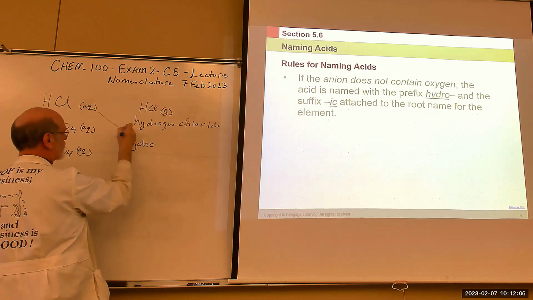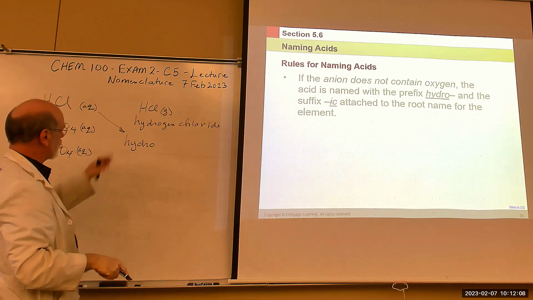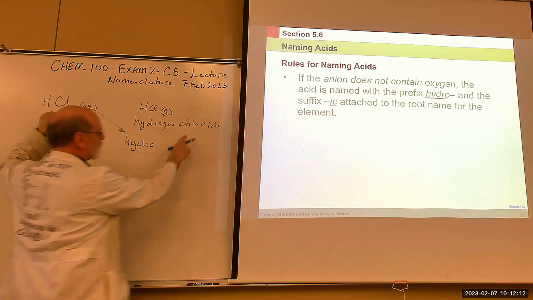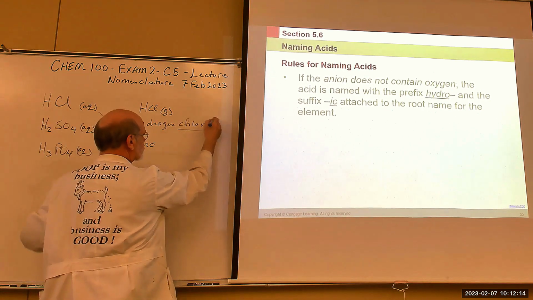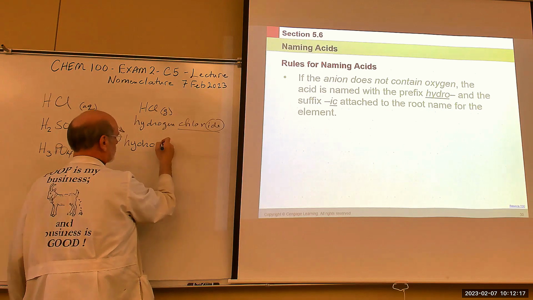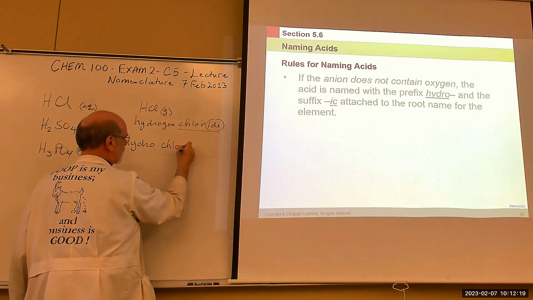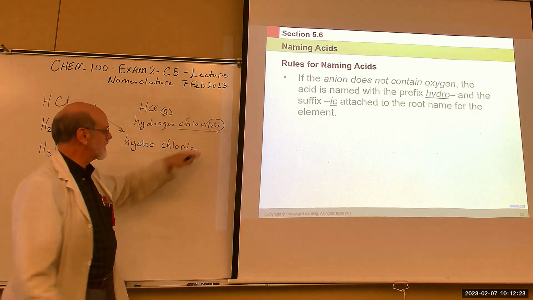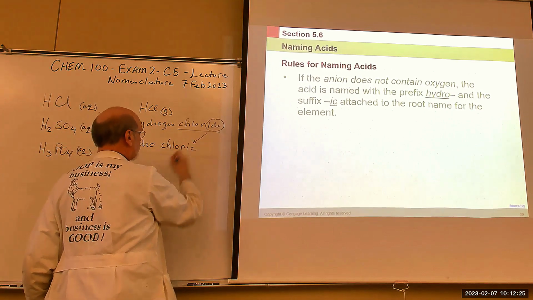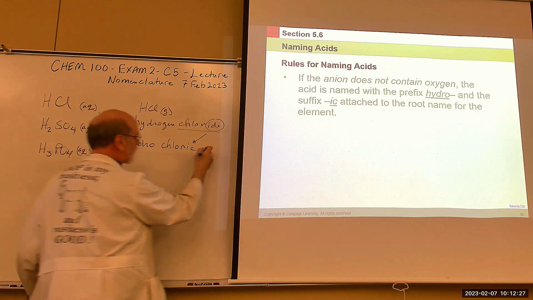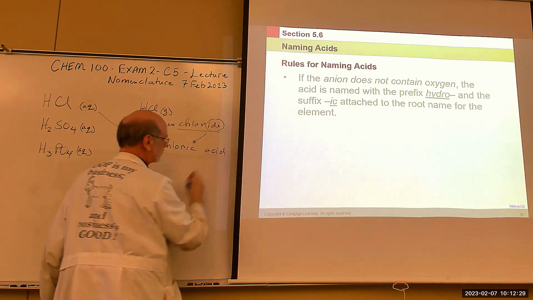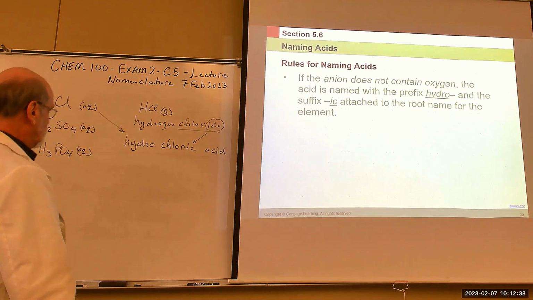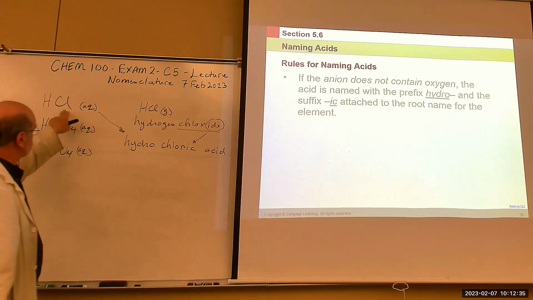Now we're naming the acid. We started with hydro, then we take this part of the molecule, the chloride, and we change this ending to ic. So this is hydrochloric acid. Okay?